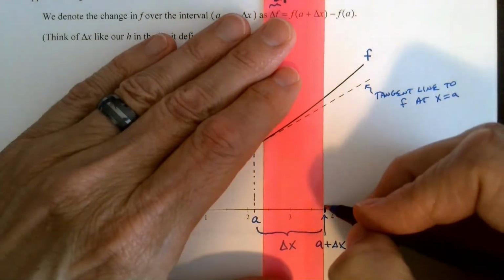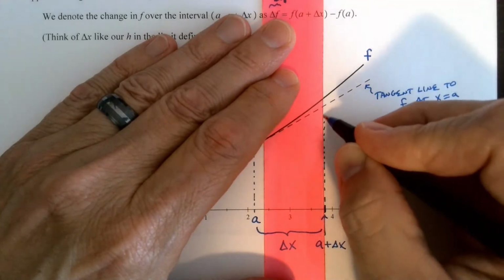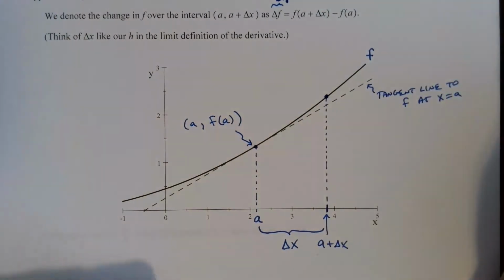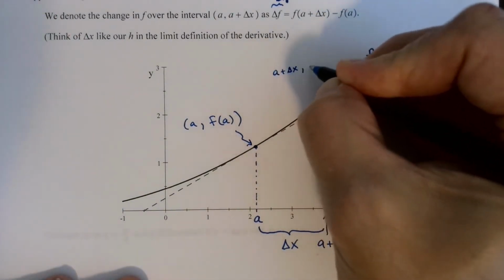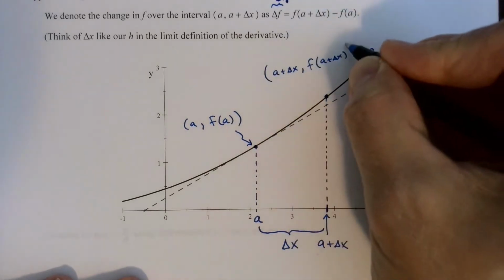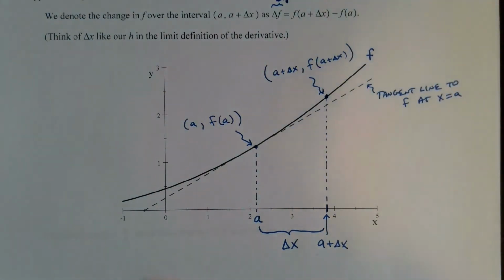And if I come up here, then what's this point right here? That is the point a plus delta x, comma f of a plus delta x. That's that point there. Okay, so far you're getting the feeling this is very similar to that setup we had for just finding the equation of the tangent line.